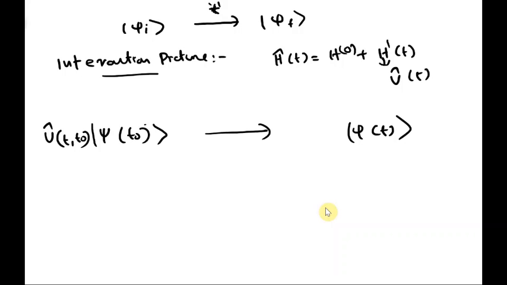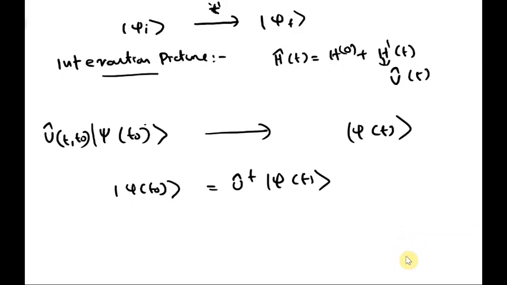Okay, so how do we calculate this quantity? Psi of t naught is U dagger of psi of t, right? This we call the Heisenberg wave function in the Heisenberg picture.